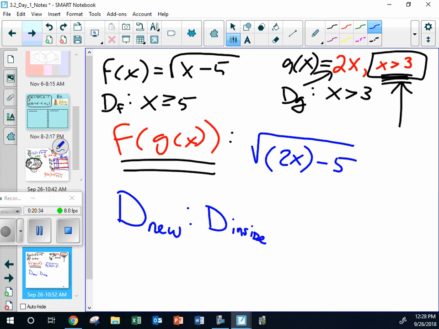It isn't always f of g of x. Sometimes it's g of f of x. It's the domain of the inside function intersected with the inside function in the domain of the outside.